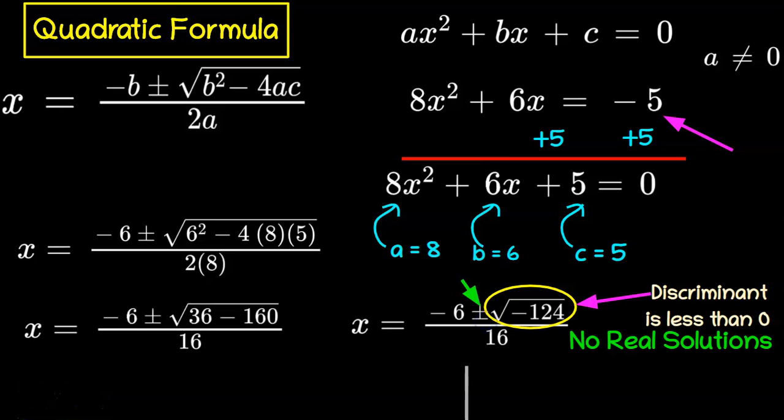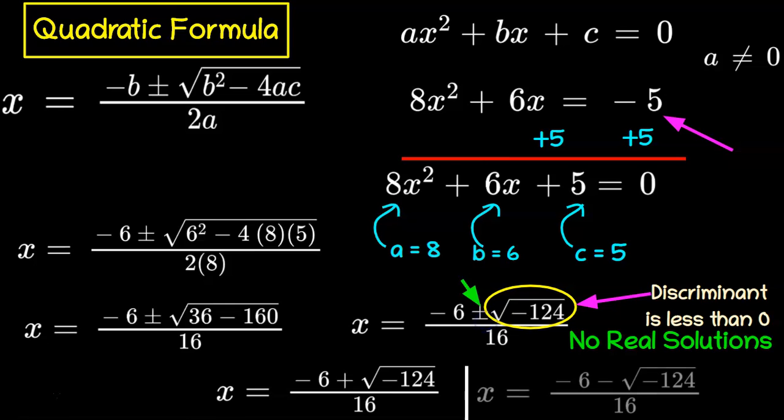So we got x equals negative 6 plus the square root of negative 124 all over 16, and then taking the minus sign, x equals negative 6 minus the square root of negative 124 all over 16. Again, for the time being, we will leave our answers in these forms until we discuss complex solutions.